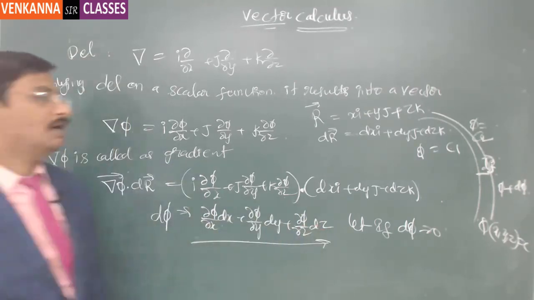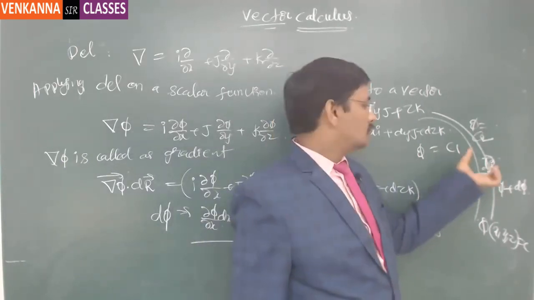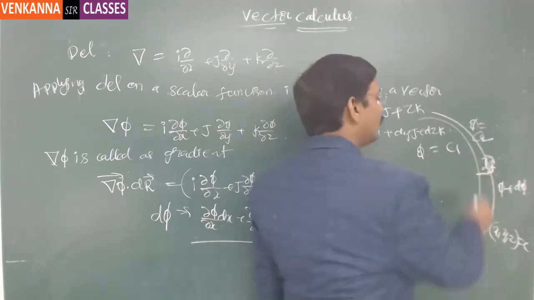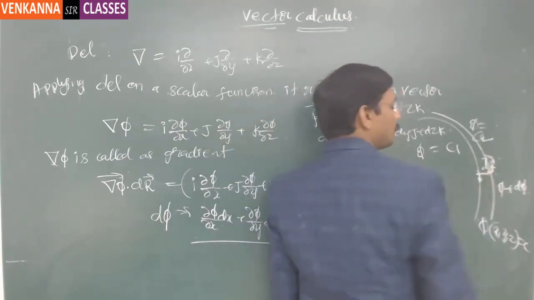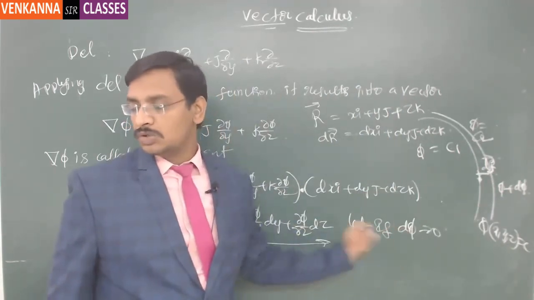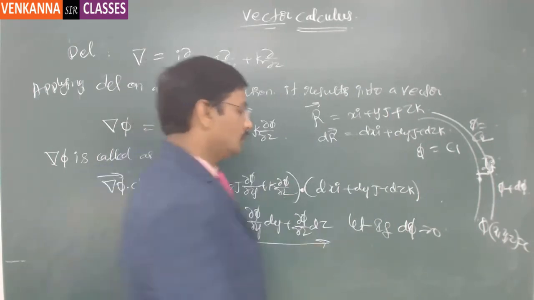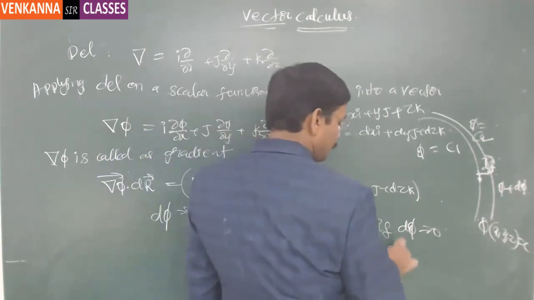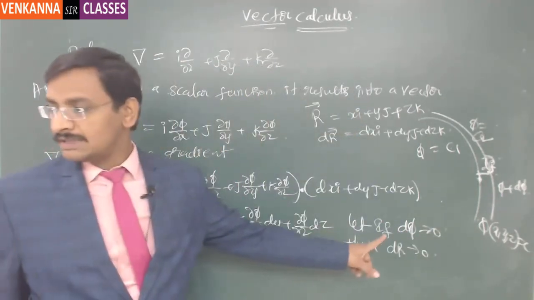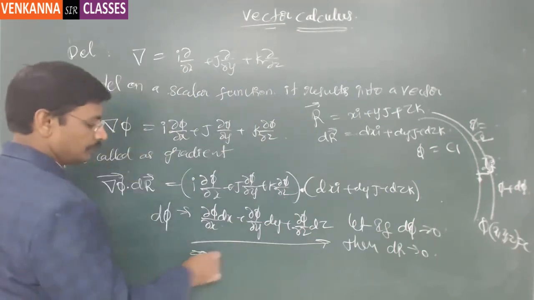So, this is nothing but d phi. If this d phi value is tending to 0, suppose you take a point on the surface itself, then d phi is going to be 0, correct or not? If d phi is equal to 0, then dr is tending to 0, and the product will come out to be 0, right?